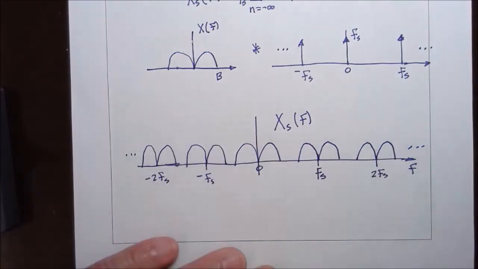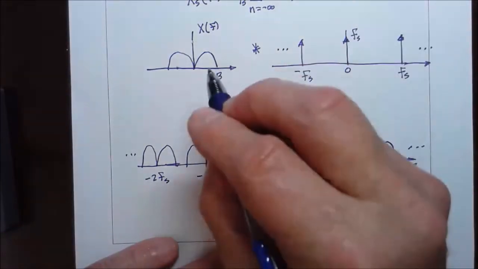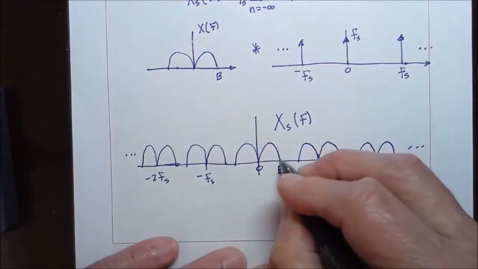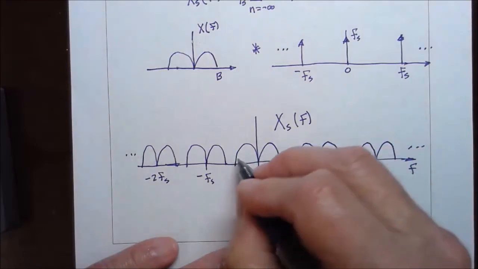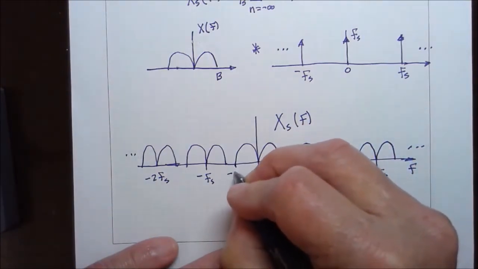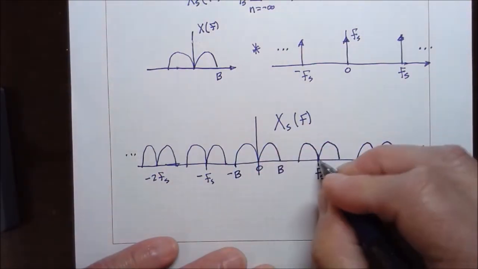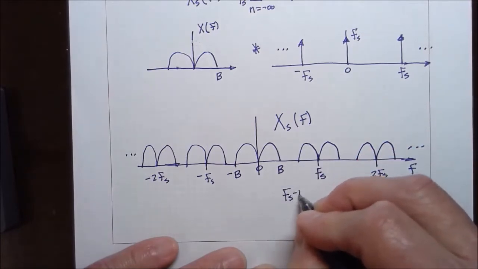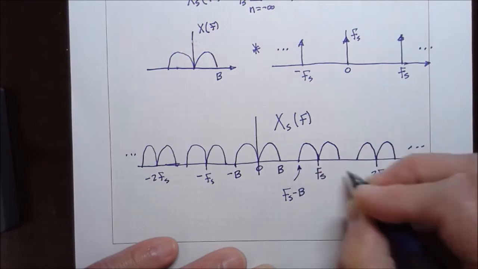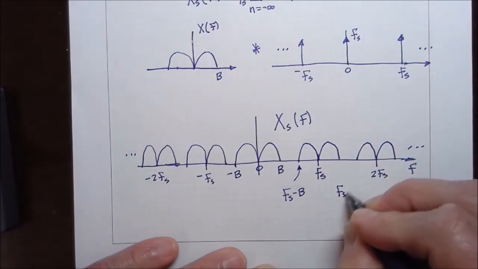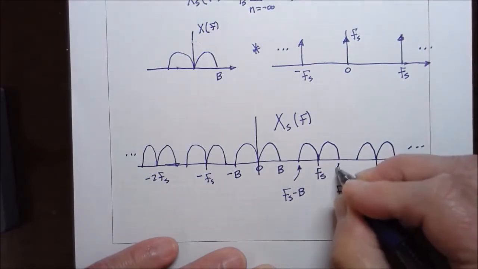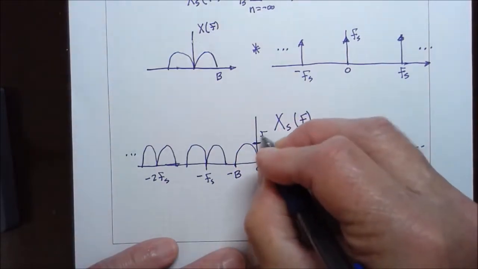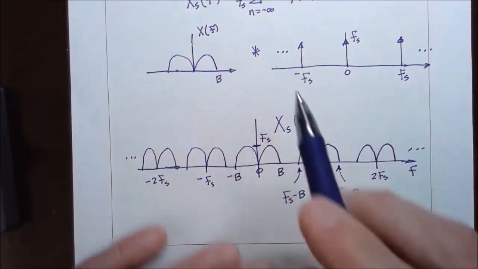I've just drawn it so it continues, and the message signal has a bandwidth B, so this point is at B, and this point on this side is at minus B, and this center is at f sub s, so this is at fs minus B, this is at fs plus B, and they all have a scale of f sub s.